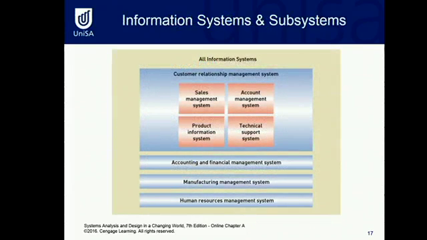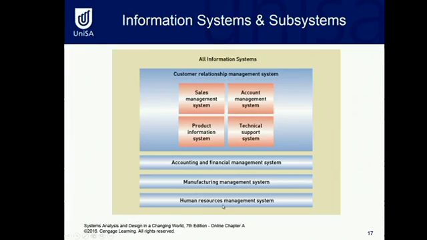Here's an example of information systems and subsystems. You can see here we have an organisation that has 4 systems and 4 subsystems. The 4 systems are CRM, Customer Relationship Management, Accounting and Financial, Manufacturing and HR Management.